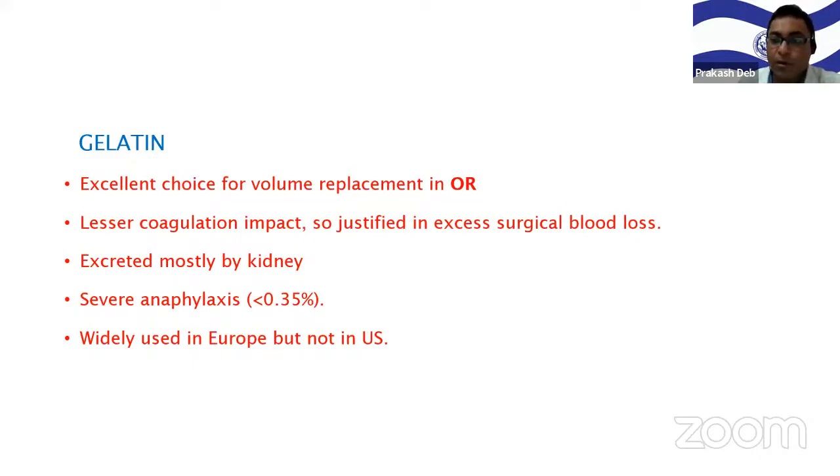Amongst the colloids, it is considered to be the one with the highest incidence of anaphylaxis. Some people use a test dose and start a very slow infusion to check if anaphylaxis is happening or not, and then they start with a higher flow. But I don't know if it is supported by any evidence or not.